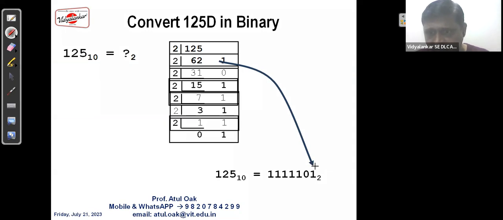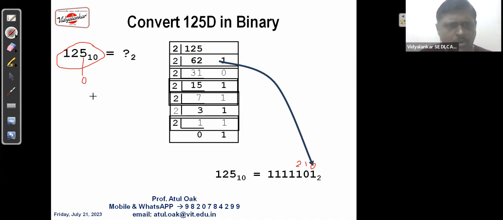Position of this particular bit is 0, position of this bit is 1, position of this bit is 2. Now what is a position? Let me make it a little clearer. If you take this 125 as a decimal number as a reference, then the position of this particular 5 is 0.